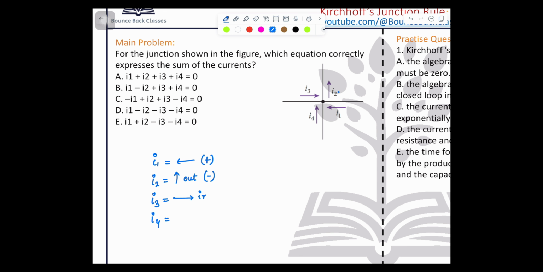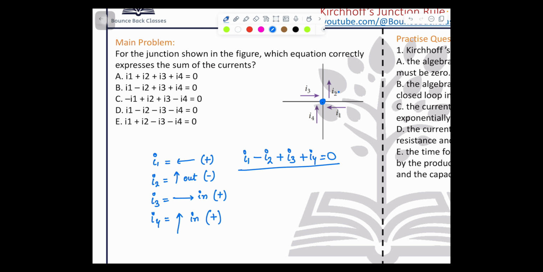This is in towards the junction, so it should be positive. I4 is going like this. It is also in. It should be positive. So can I say I1 minus I2 plus I3 plus I4 should be equal to 0.